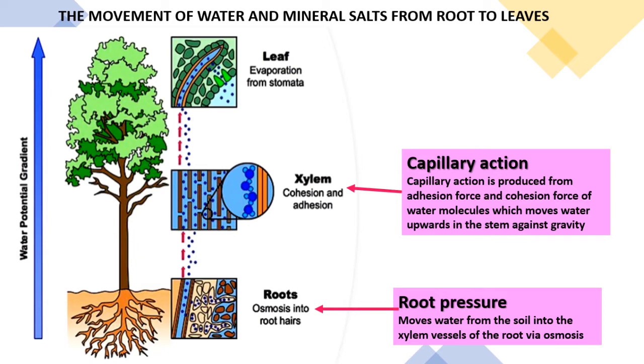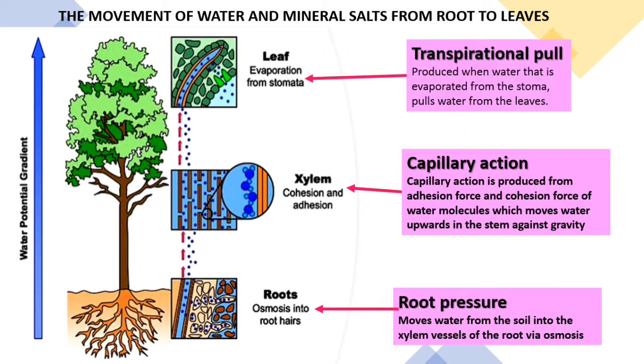Capillary action is produced from adhesion force and cohesion force of water molecules, which move water upwards in the stem against gravity. In the leaf, there is transpirational pull, produced when water that is evaporated from the stoma pulls water from the leaf. So, after this we will discuss every factor in detail.